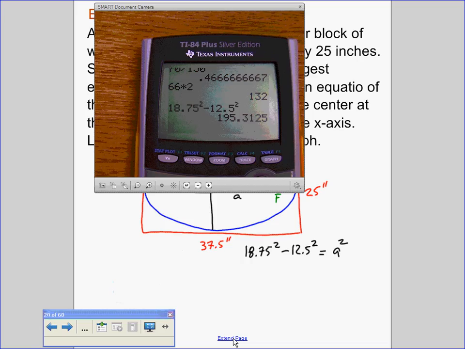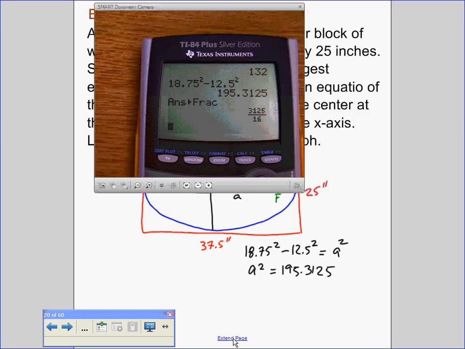So then A squared is equal to 195.3125. What you might want to do there is change that to a fraction, and you get 3,125 over 16. And then you take the square root of both sides.